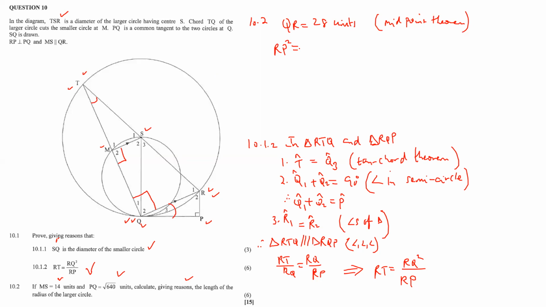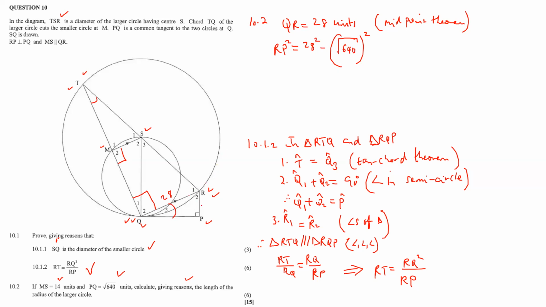Moreover, if QR is 28 units, the observation is that RP squared must be equal to 28 squared minus the square root of 640, squared.